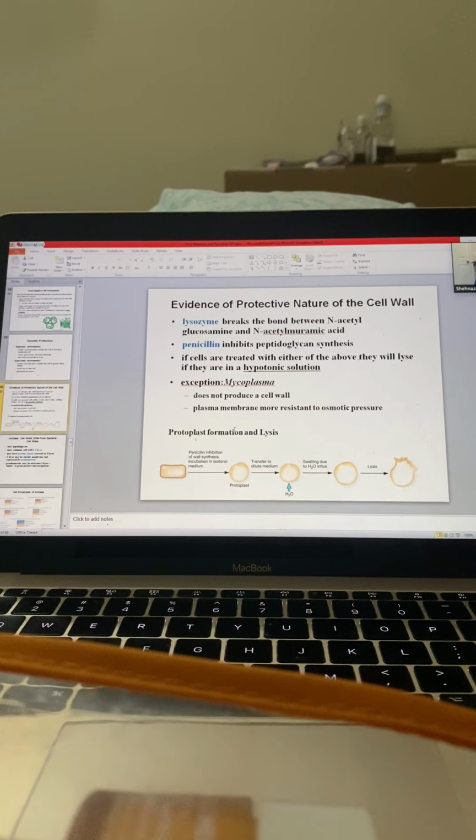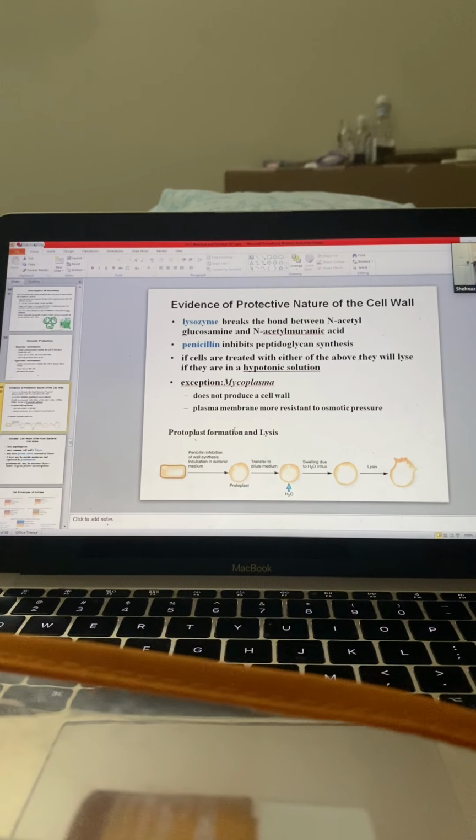And accidentally he left his petri dishes with Staphylococcus aureus, and a contaminant grew on it, which was a fungal contaminant of penicillium. And this penicillium actually produced a compound called penicillin, which diffused into the medium and destroyed the colonies that had already grown near where the fungal contamination was.